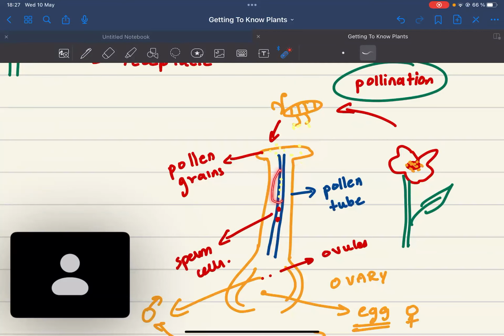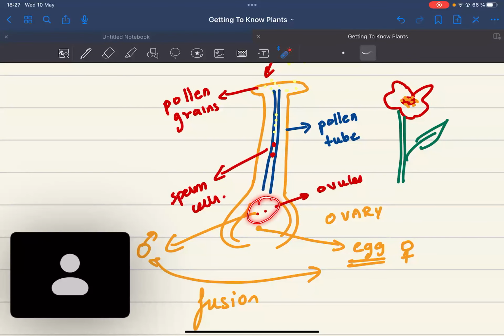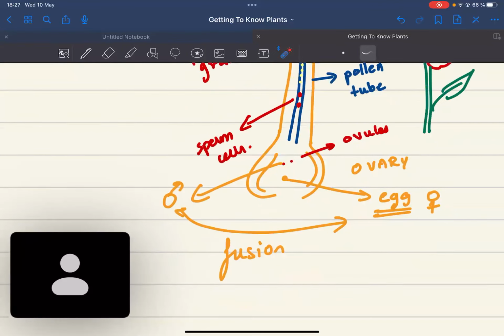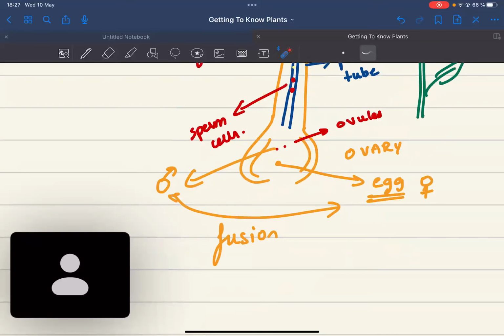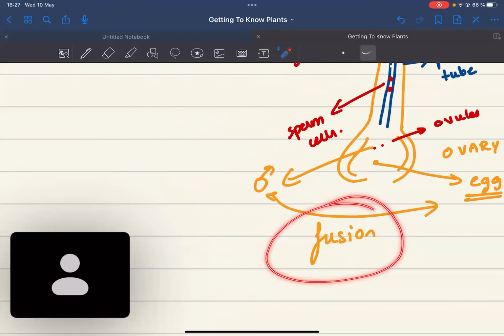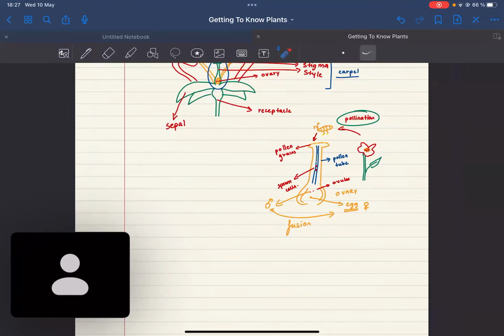The pollen grains enter these tubes to produce two sperm cells. These sperm cells enter the ovary to become ovules. The egg inside the ovary fuses together with the sperm cells. This process is known as fusion. And further, the plant develops into a new plant. This is the whole process of reproduction in plants.